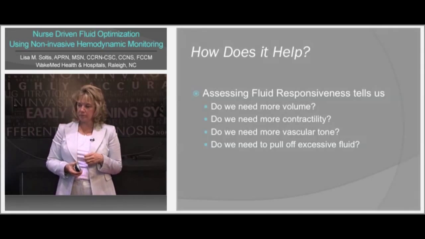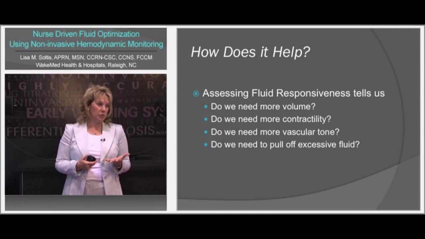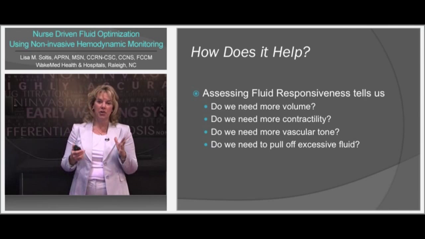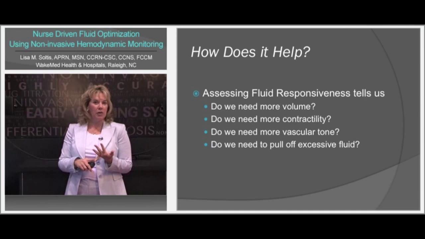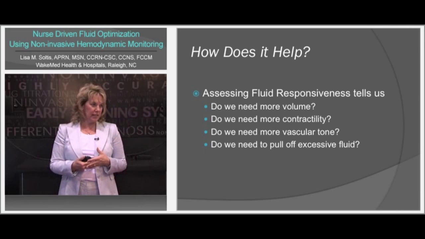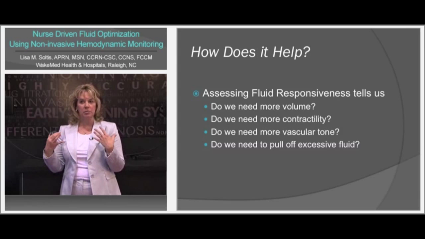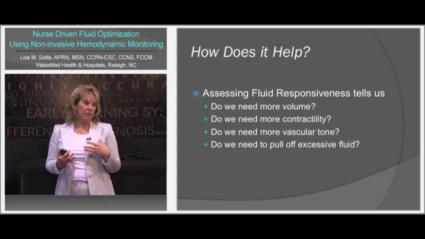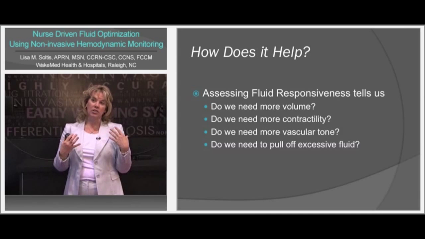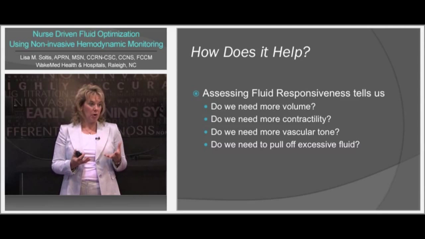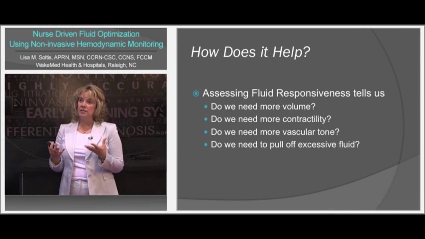So how does assessing fluid responsiveness help? Well, we all know that having adequate volume in any critically ill state is going to be the mainstay of our treatment. Now we have a way to measure that and make sure that we have adequately resuscitated, especially if we have somebody who's profoundly hypotensive and we need to add squeeze, add those vasopressors.